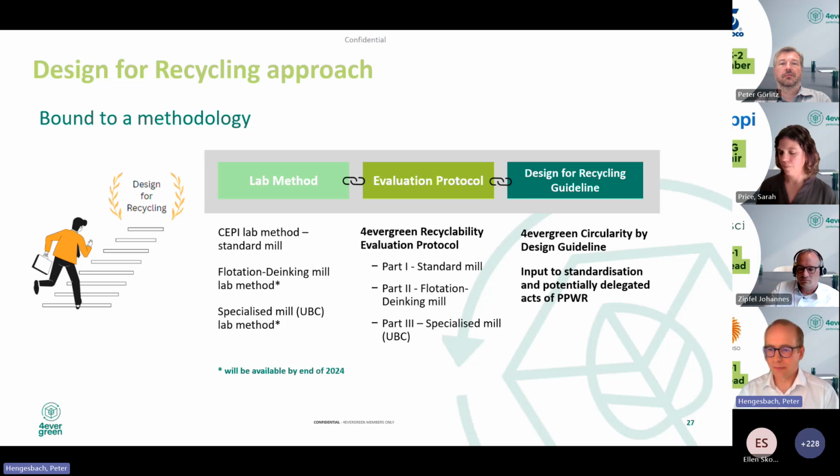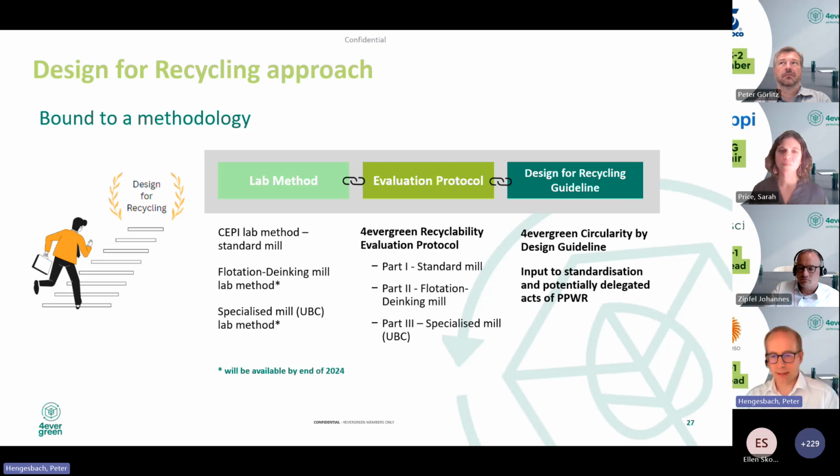And this is something where we need our evaluation protocol as a key element in this whole methodology. So it means we need the evaluation protocol for the individual recycling reference processes, and those evaluation protocols are fed by the different lab test methods. As you saw earlier, the CEPI harmonized lab test method for recycling tests is one method, and 4evergreen has been working on lab test methods for the flotation deinking process as a reference process, and the lab method for the specialized mills for the UBC.